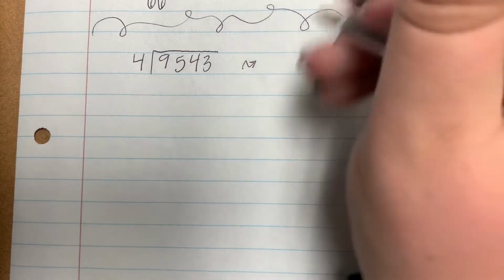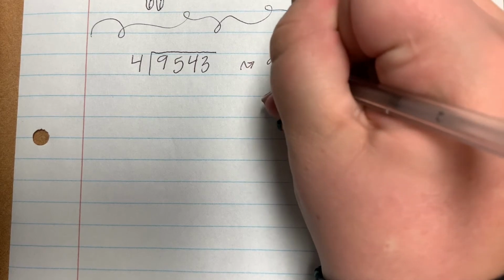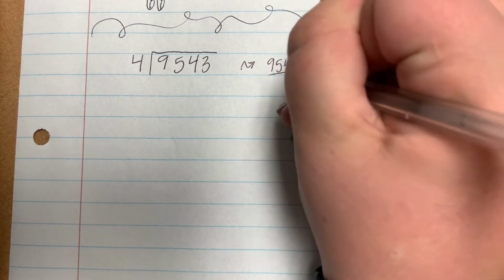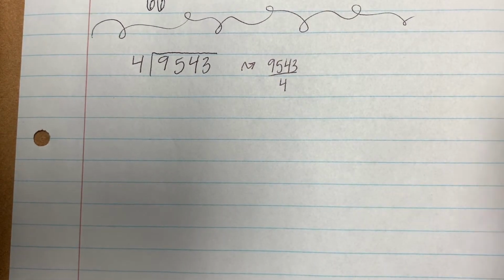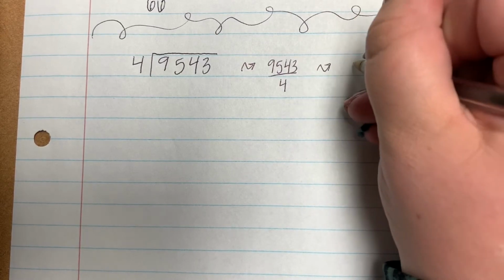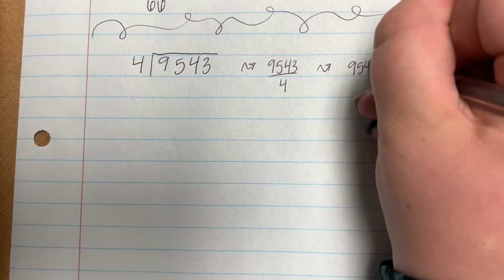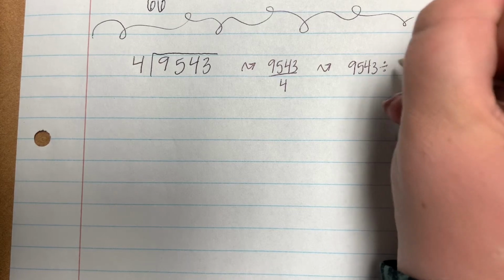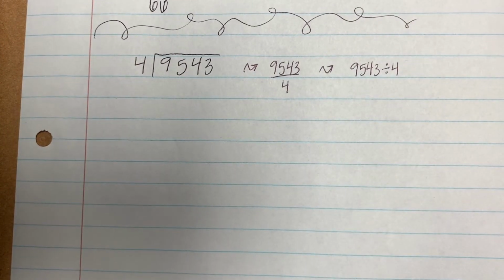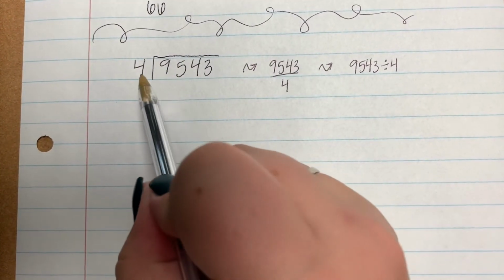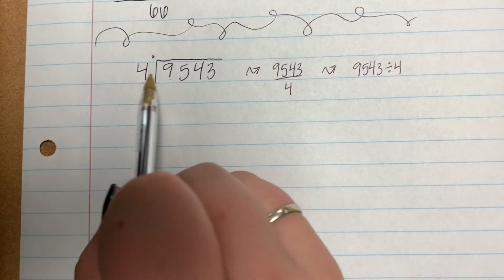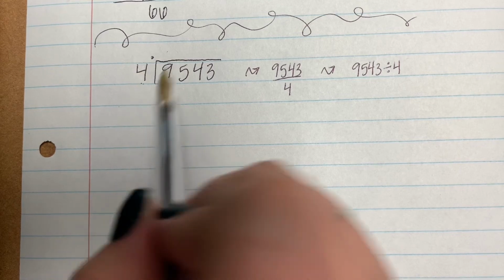What's another way we can write this? Okay, if you wrote it as a fraction, you would be correct. Now think of another way we could write this. You could even pause my video right now. Yep, you are correct. We could write that with a division sign or a fraction, just depending on what you chose. But remember, we're attending to precision, so we need to make sure we have the numbers in the right area. So how many times can 4 go into 9?